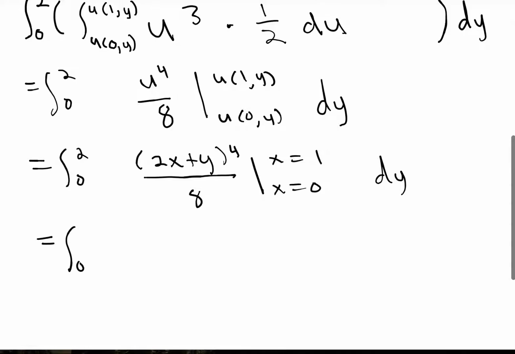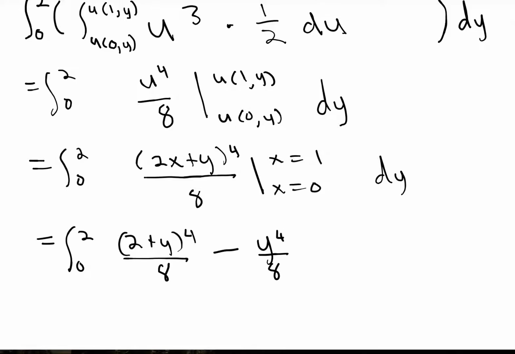So if I substitute stuff into the top here, I will get (2 + y) raised to the 4th over 8. And then if I subtract what happens when I plug in the bottom, this is going to be y to the 4th over 8.